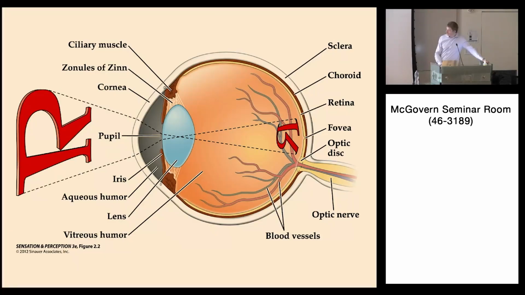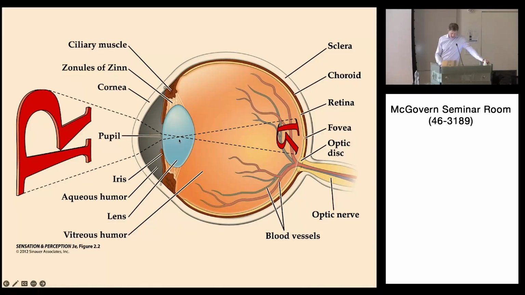All right, so let's take a look at the eye. This is a cross-sectional view of the eye. Light enters via the pupil. The eye is protected by the cornea, which is a very hard part of the eye, but light passes through the pupil, which is an aperture. The iris can change the size of the pupil in order to control the amount of light that gets in.